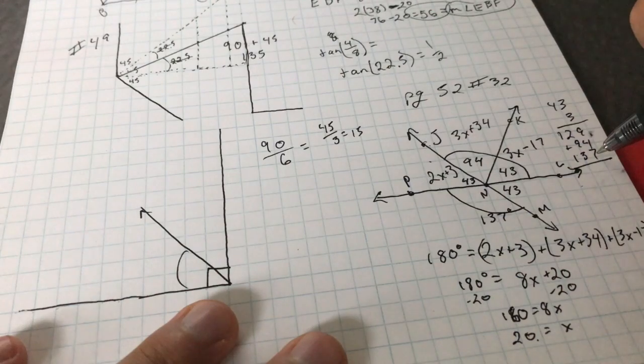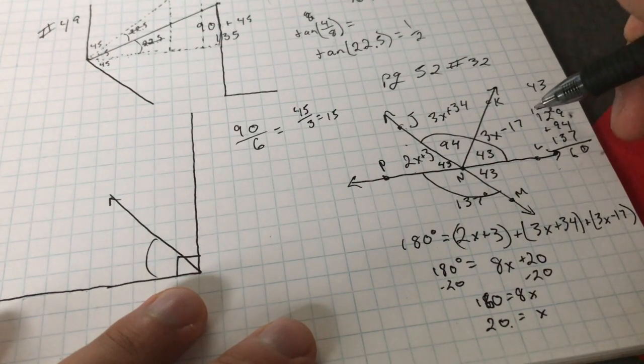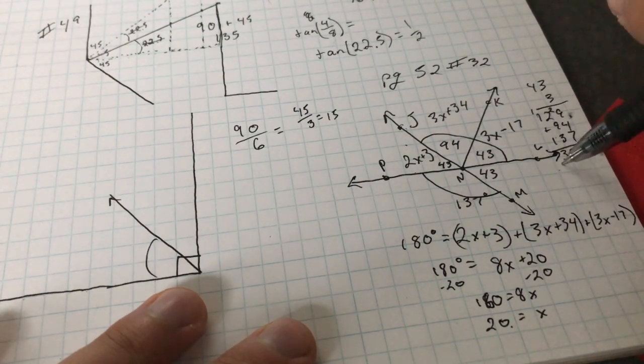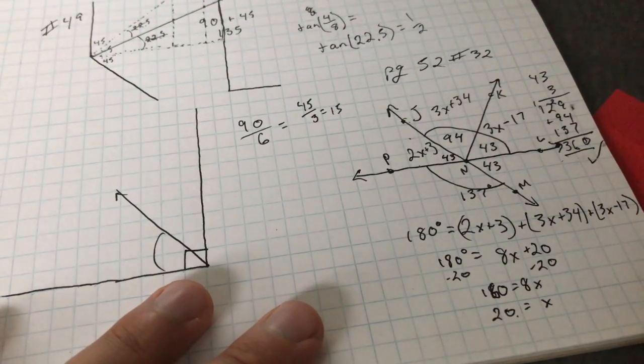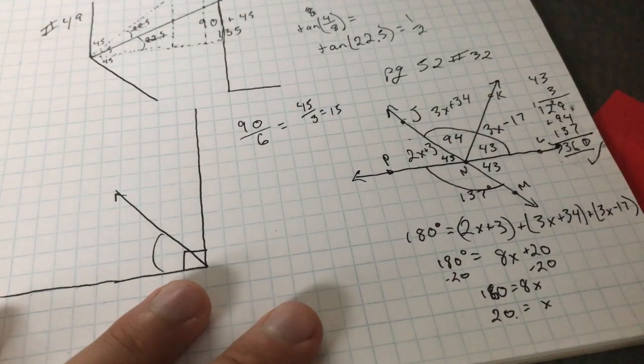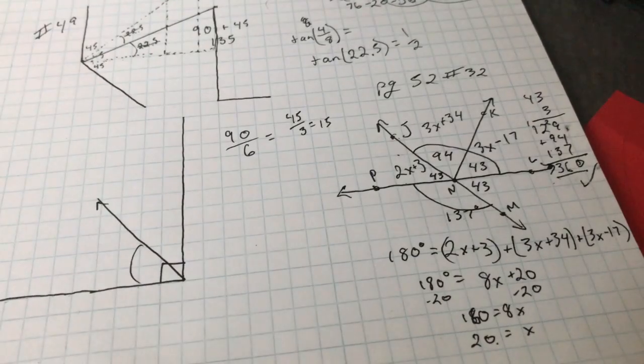Plus another 7 is 20. 2 plus 2 is 4, plus 9 is 13, plus 3 is 16. Looking good. 360 degrees. We're good. And that is our answer to number 32 on page 52.